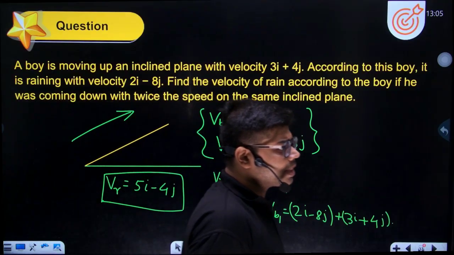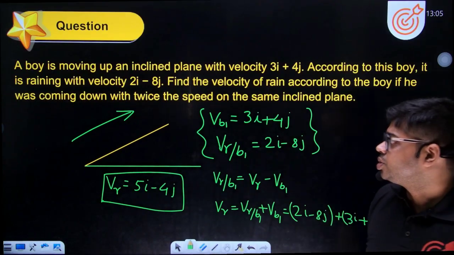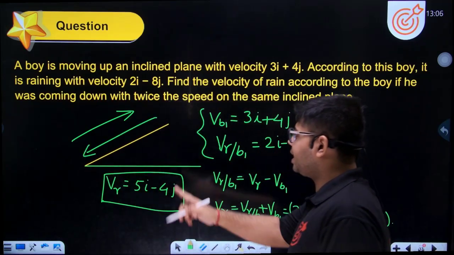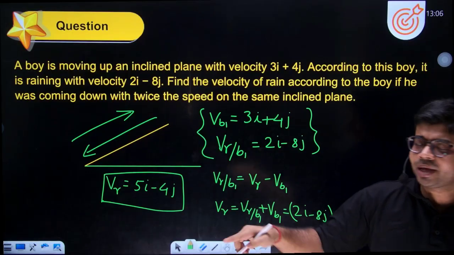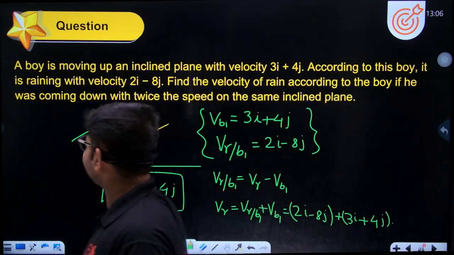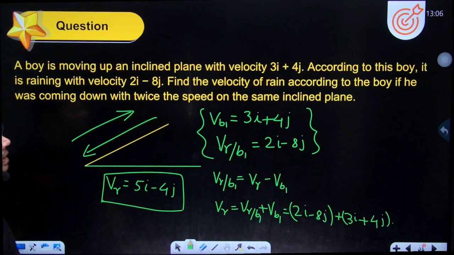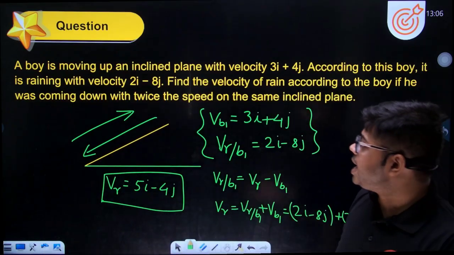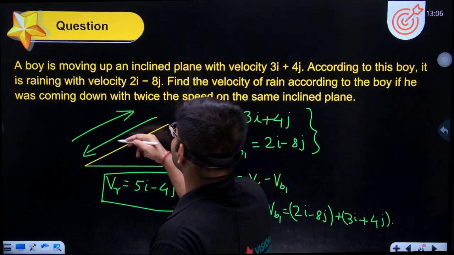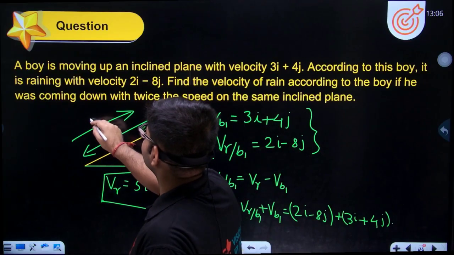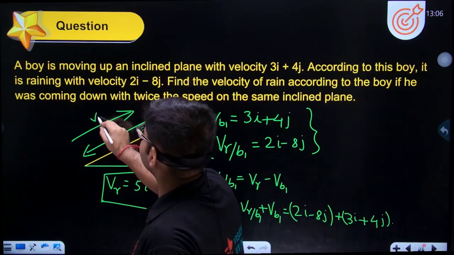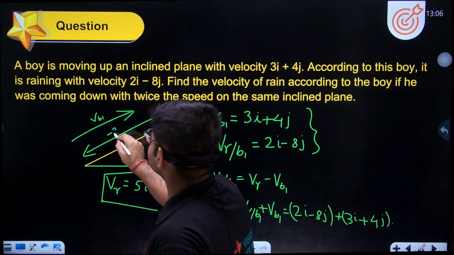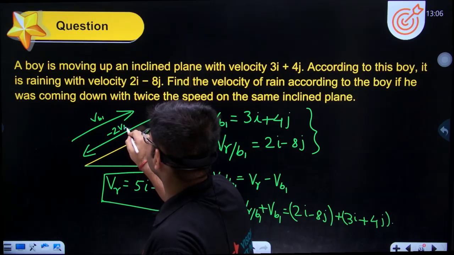Now the boy is coming down, so the direction of the new velocity is just the opposite, and the magnitude is twice. So if this is VB1, then the new velocity is minus 2 VB1.